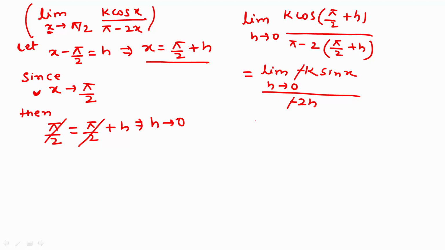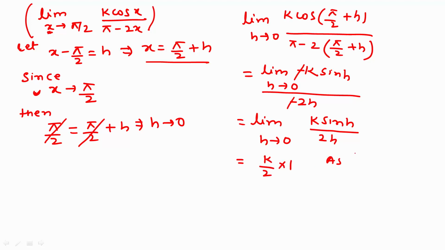Minus and minus cancel, so limit h tending to 0 of k sine h upon 2h is equal to k by 2 into 1, as limit h tending to 0 of sine h by h is equal to 1.